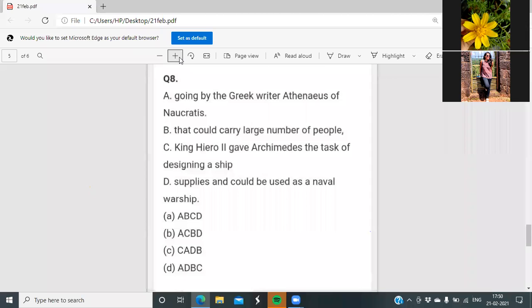Designing a ship going by the Greek writer. Do you think it is making sense? First of all, we need to understand why King Hieron II gave Archimedes this task, because he was going as per the Greek writer. You understanding?